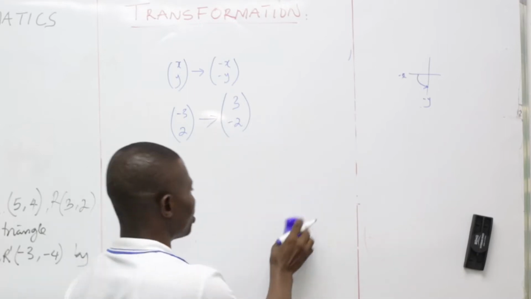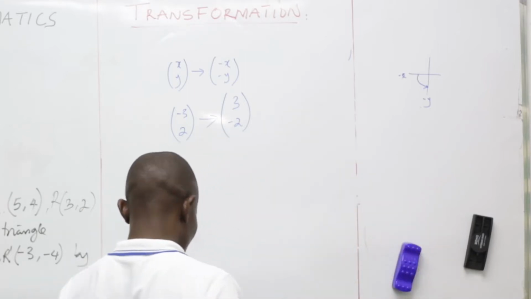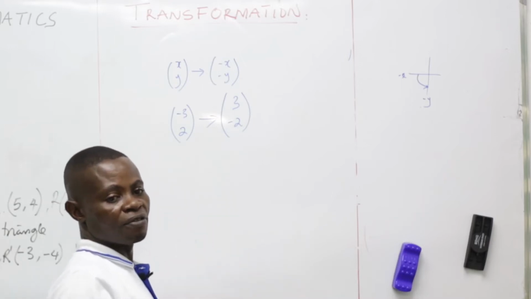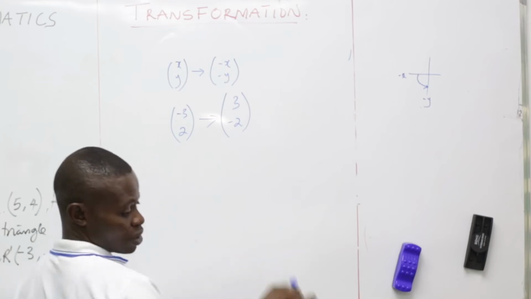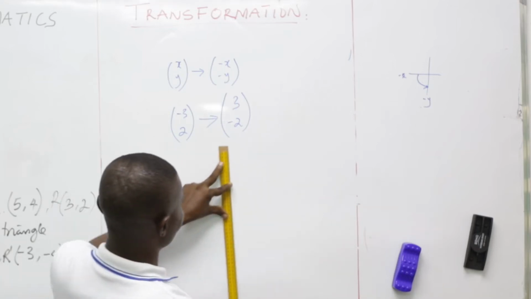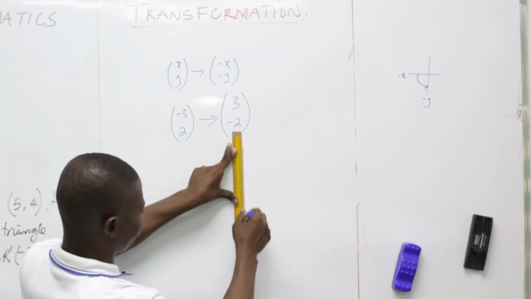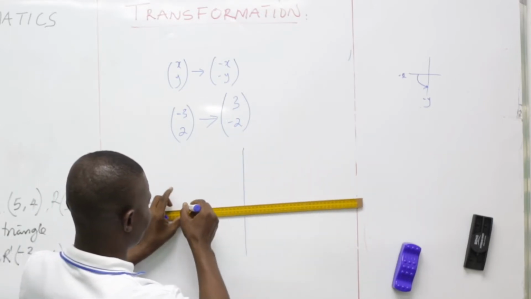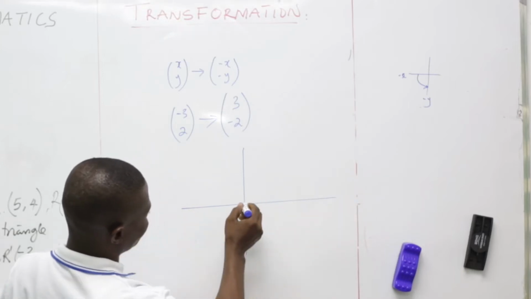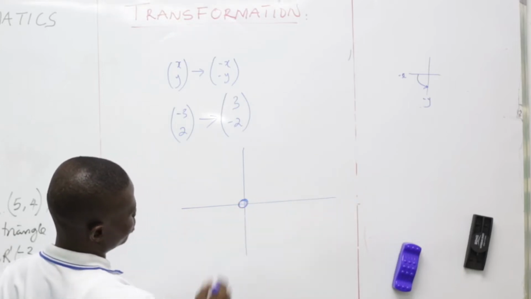Now let us plot and see how this thing is rotated through half turn about the origin. Let's plot the object. Origin 0.